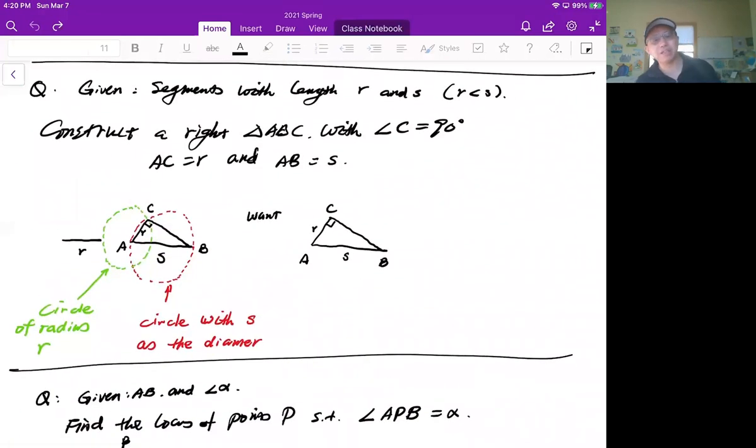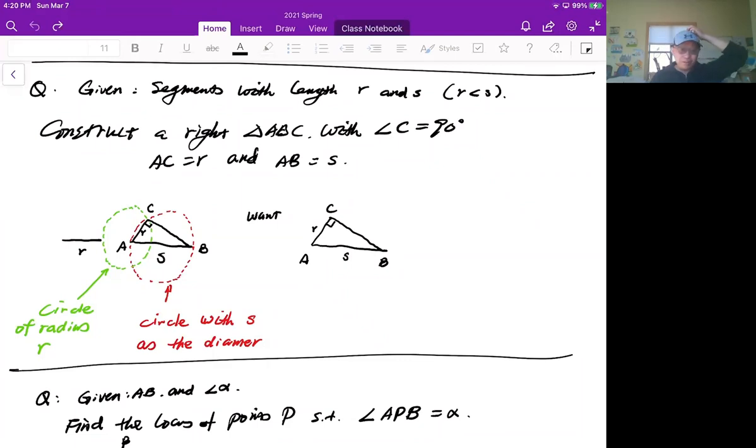What's the next one? This one says that we have R and S, and I want to construct a right triangle such that the longest side is S and one of the two legs is R. So how can I do this?